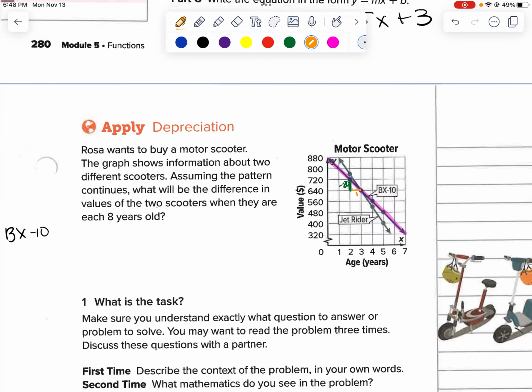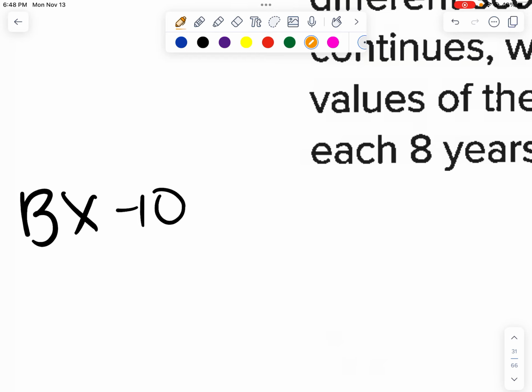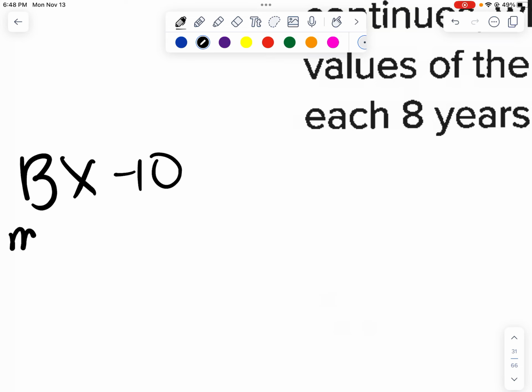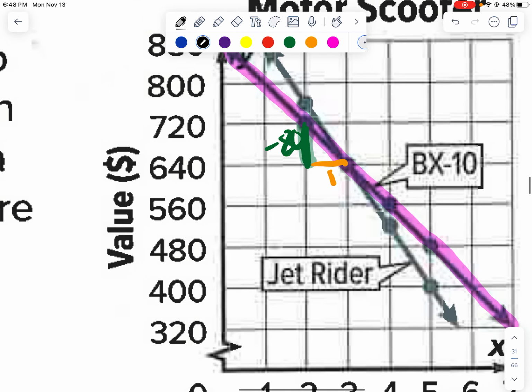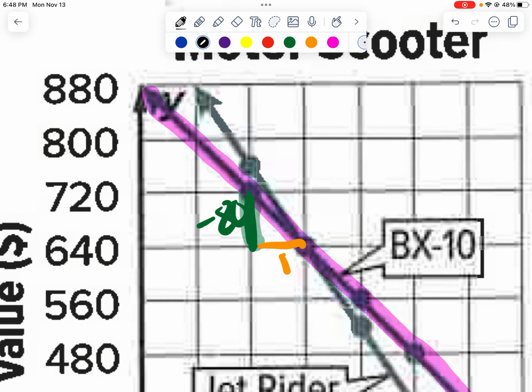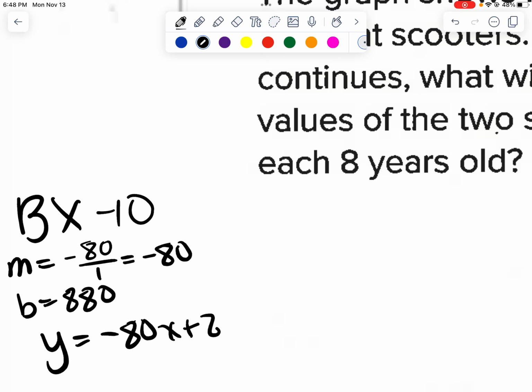So the slope for this one, BX10, is negative 80 over 1, which is negative 80. Then the y-intercept, it could be 880. Yeah, it looks like it's 880. So that is y equals negative 80x plus 880.